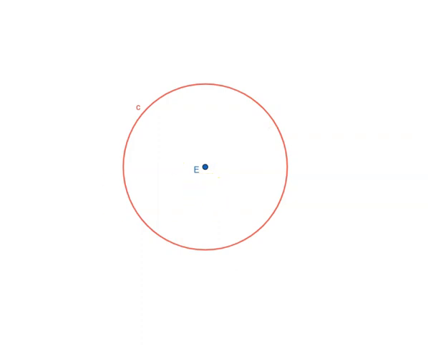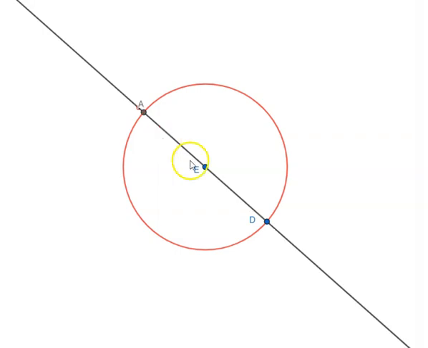Given a circle, if we have a line passing through the center, that would be the diameter, right? AD will be the diameter.